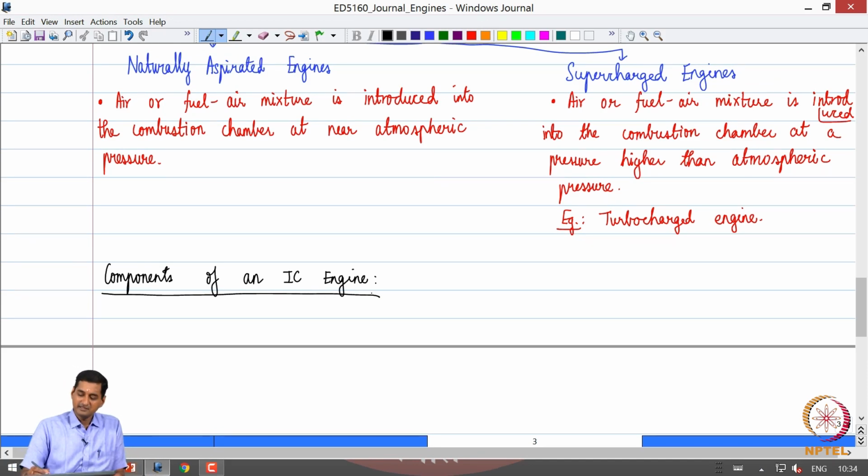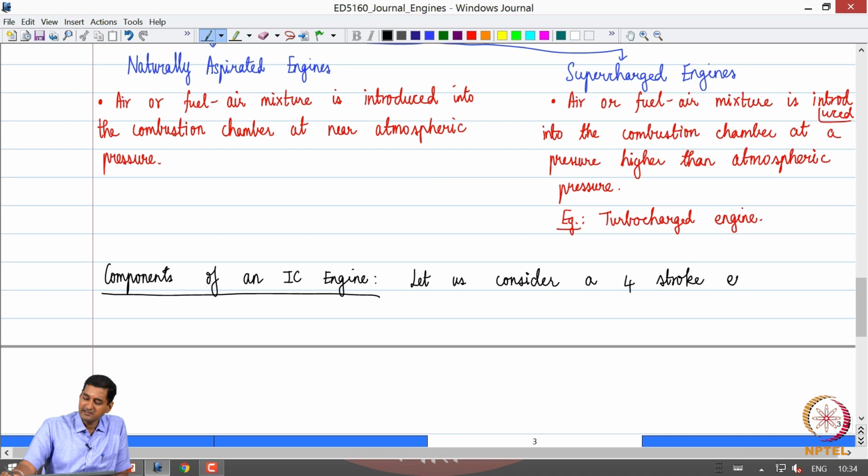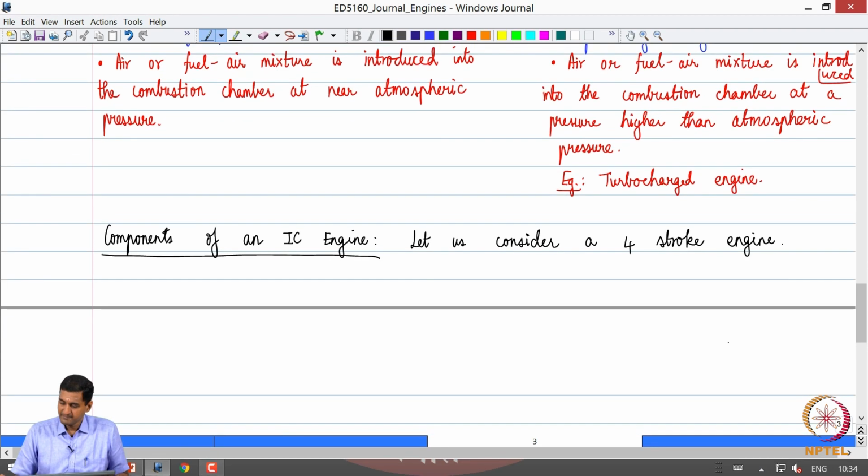So to begin with, let us consider a 4-stroke engine. We will come back and look at a 2-stroke engine and then identify in what way a 2-stroke engine differs from a 4-stroke engine later on. To begin with, let us consider a 4-stroke engine. Let us identify what are the components in a typical 4-stroke engine, right.